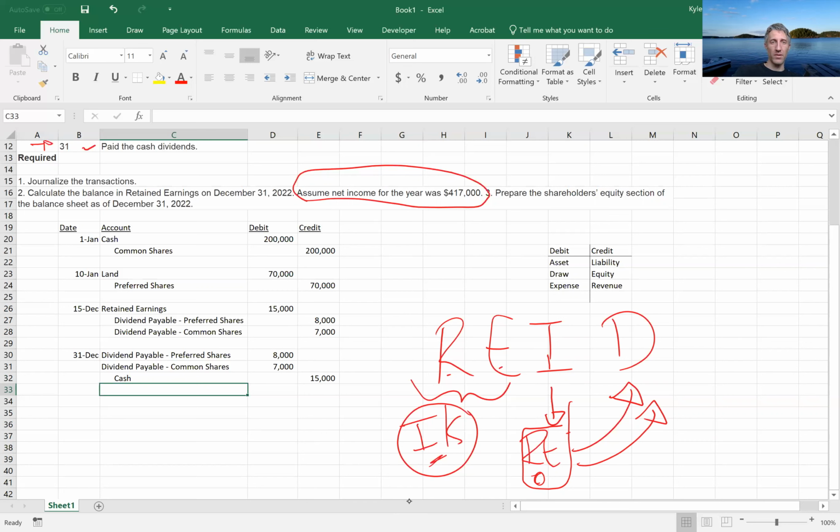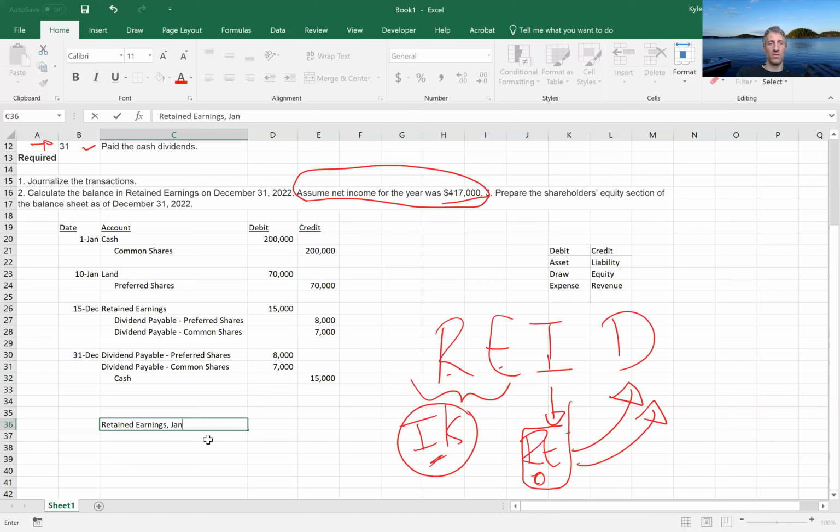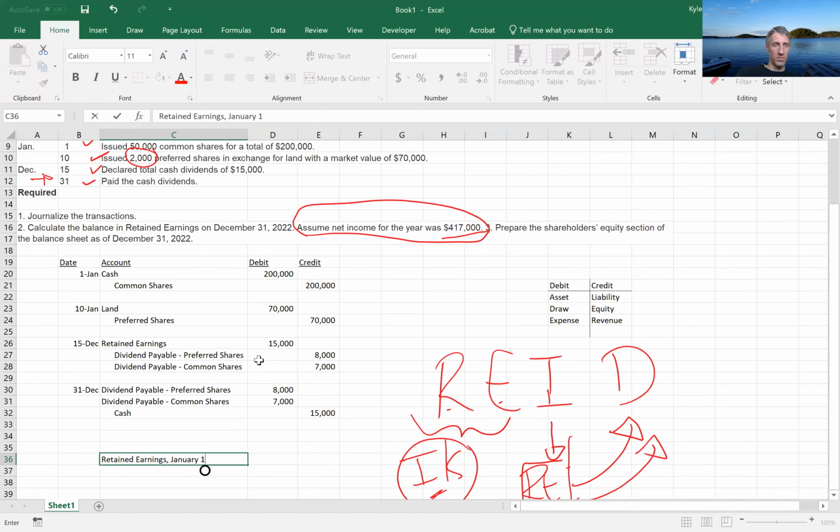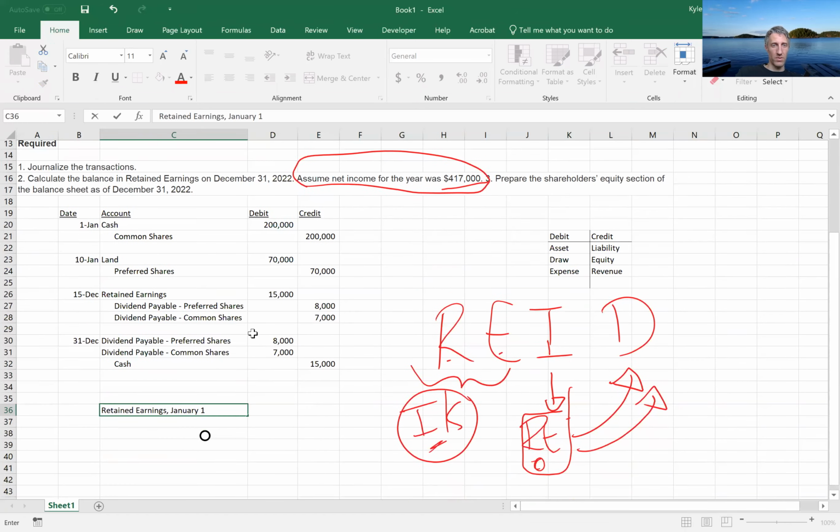So what do we have here? We assume net income is $417,000. Remembering from the question, this is a new corporation, right? So that means retained earnings at the beginning of the year is going to be 0. When did they start this? What was the year? January 1st, 2022.